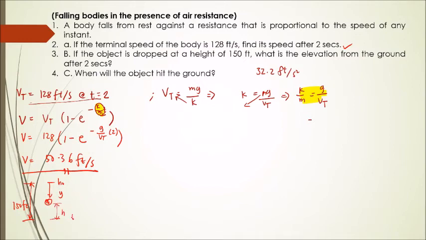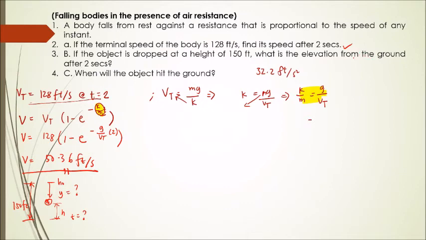At what time did it hit the ground? So first we need to find h. Actually this h is 150, but we need to find y. So first, what is the elevation from the ground after 2 seconds?